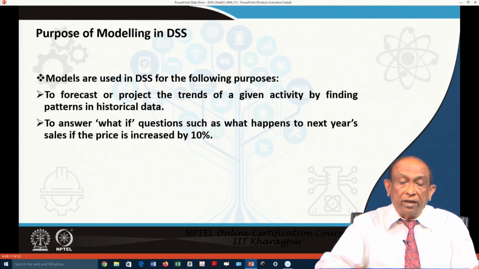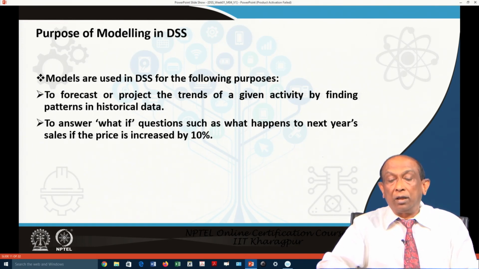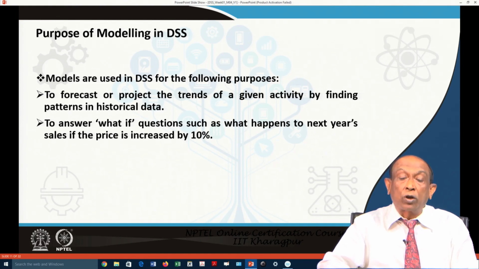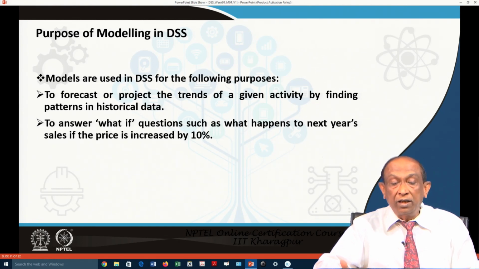We have already said that models are used in DSS mainly to solve problems where we need to forecast or project the trends of a given activity by finding patterns in historical data. When we talk about forecasting DSS, this kind of models will be highly relevant and used.